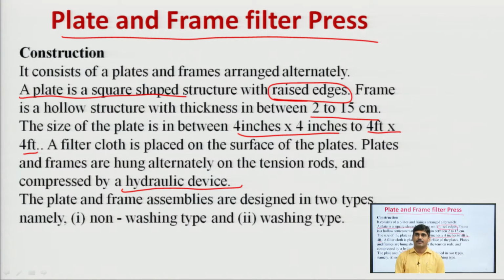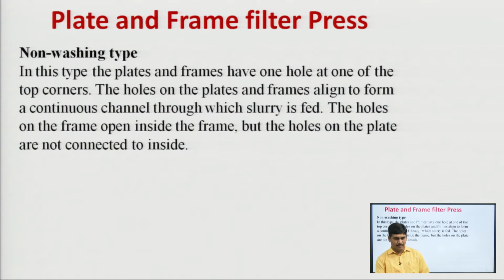There are two types of plate and frame filter press, one is the non-washing type and the second one is the washing type. So, first we will study the non-washing type plate and frame filter press.